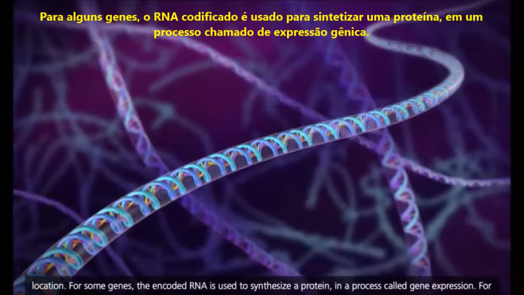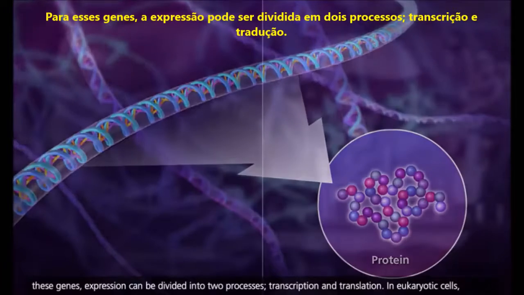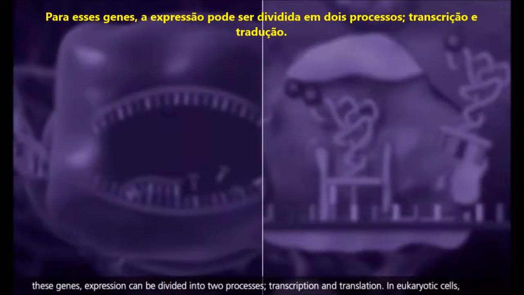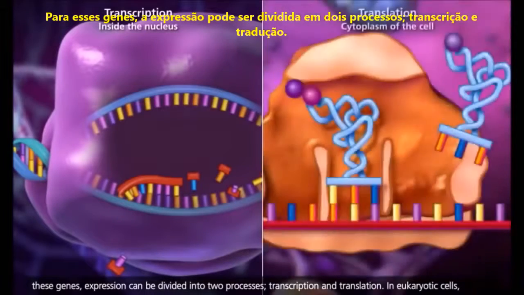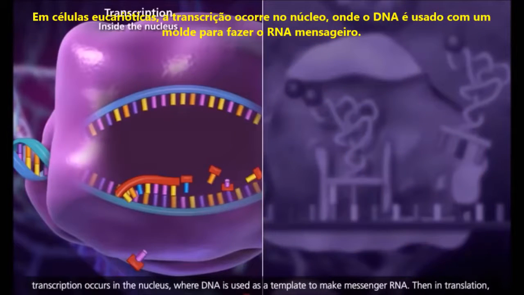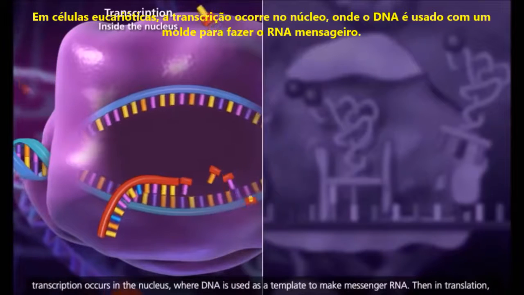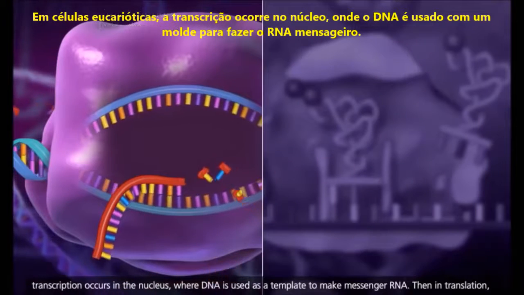For some genes, the encoded RNA is used to synthesize a protein in a process called gene expression. For these genes, expression can be divided into two processes, transcription and translation. In eukaryotic cells, transcription occurs in the nucleus, where DNA is used as a template to make messenger RNA.